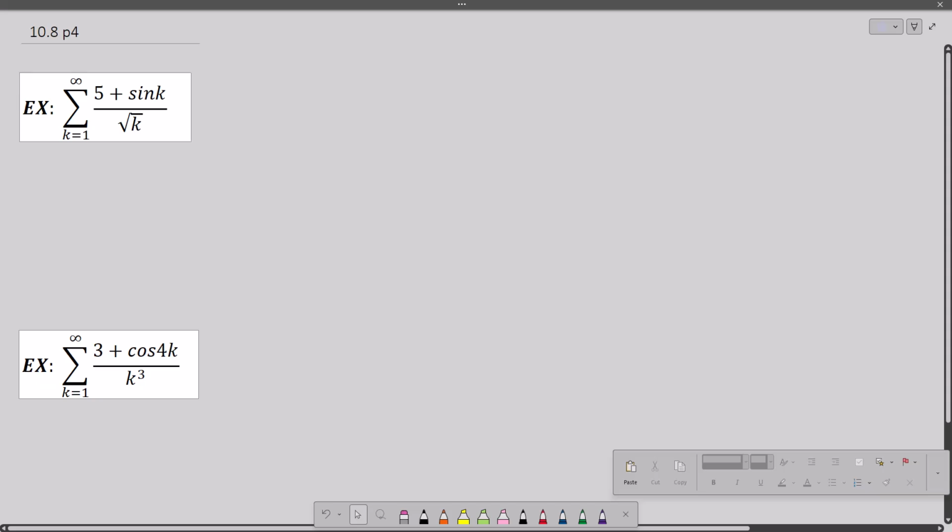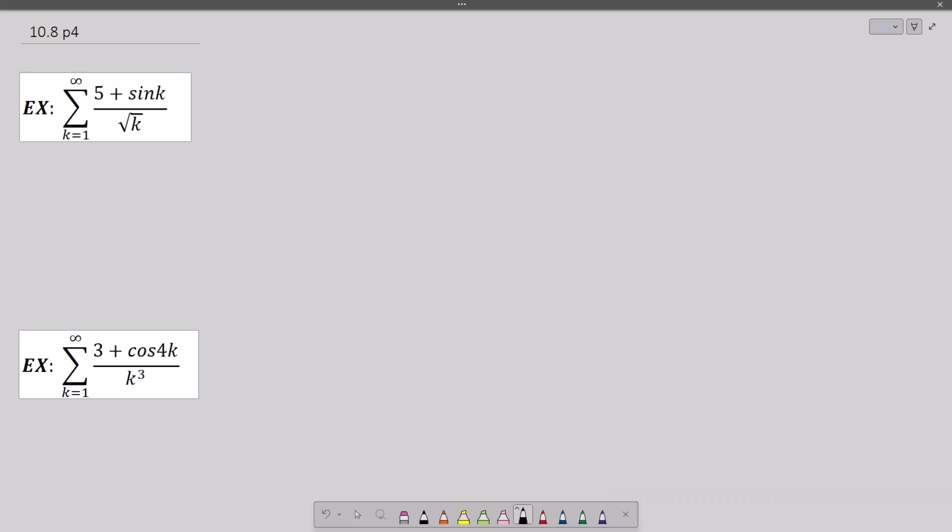So we are going to use a comparison test, and here is the question. For the b sub k, if we go like this, then p will be 1/2, which is less than 1, which means converge.